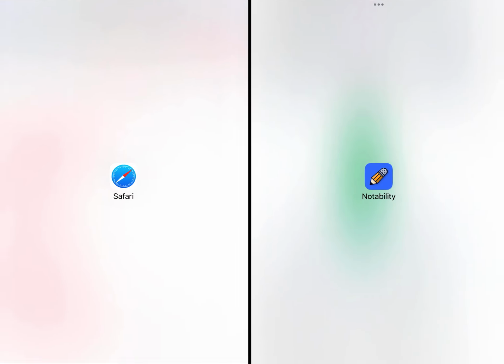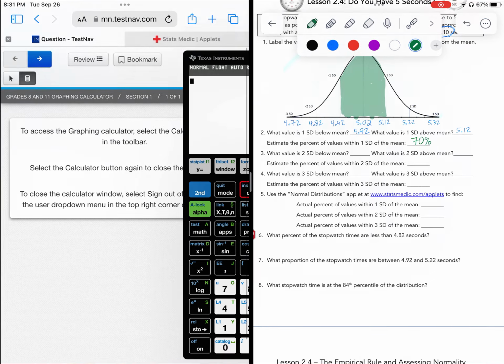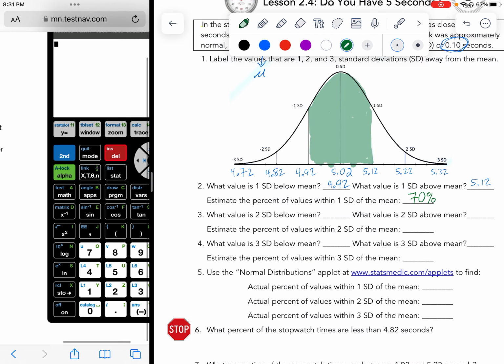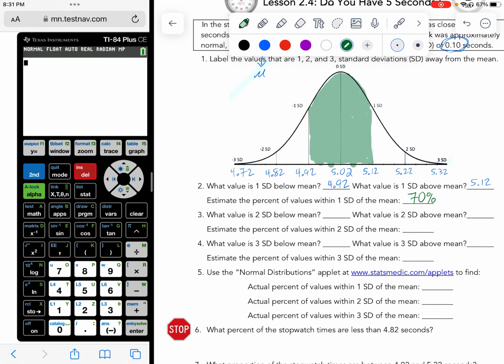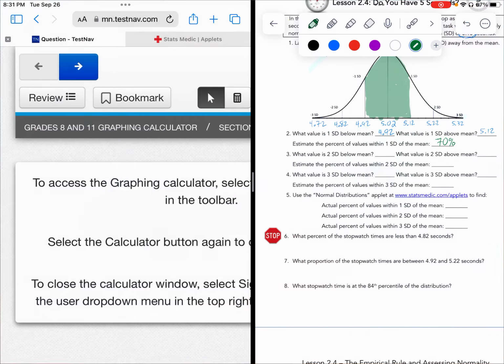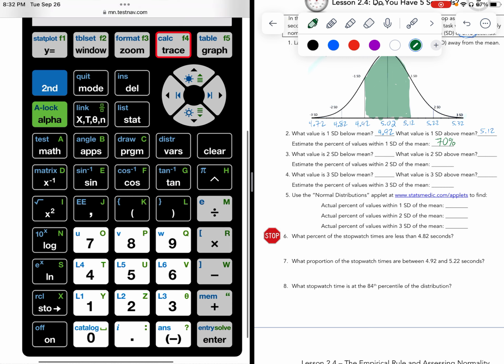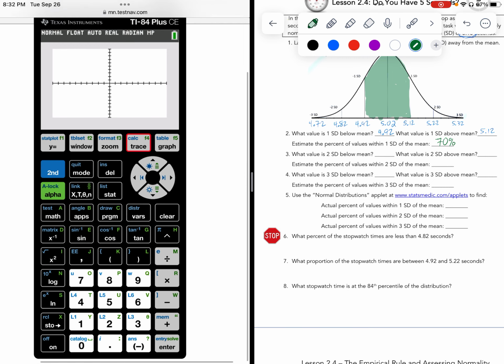In case you're wondering where I'm getting these numbers, let's use a calculator. Can I make it more visible? There we go. So 5.02. Oh, it's not responding. Hold on. Okay, sorry, I'm having difficulty here. 5.02 plus 0.10 plus 0.10.